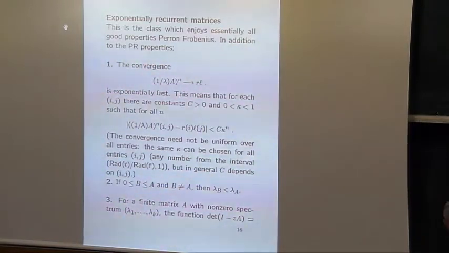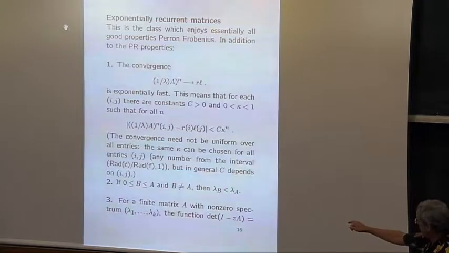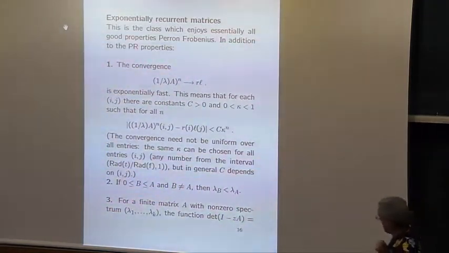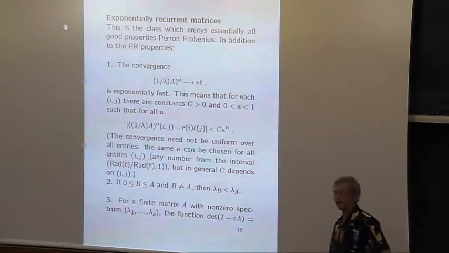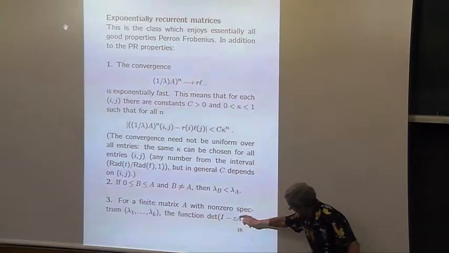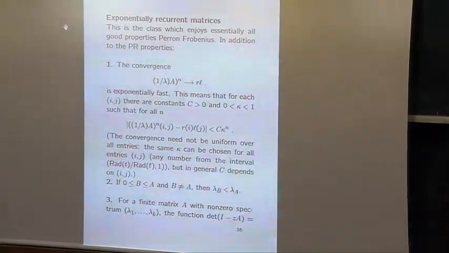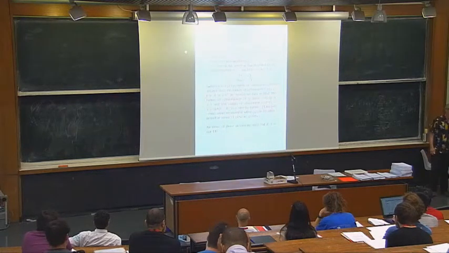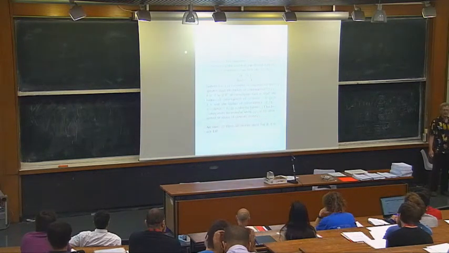Okay? And for a finite matrix A with a non-zero spectrum, now I'm going to say something about spectral gap. If we look at the function which is the determinant of I minus ZA, that looks a lot like the characteristic polynomial.